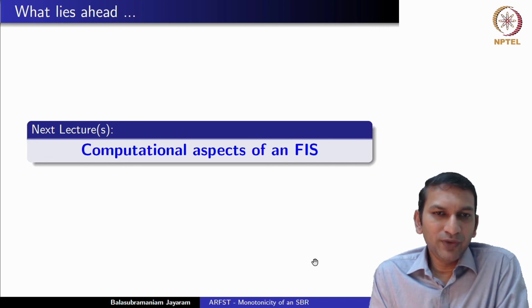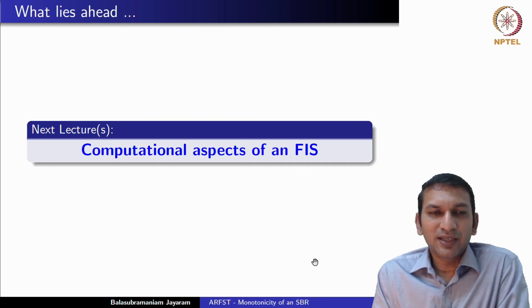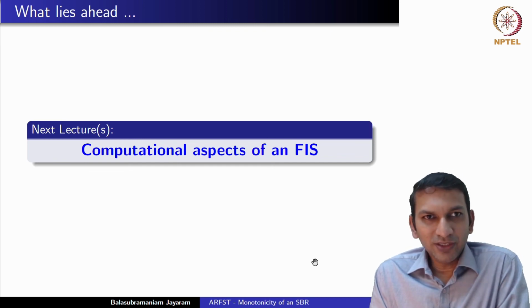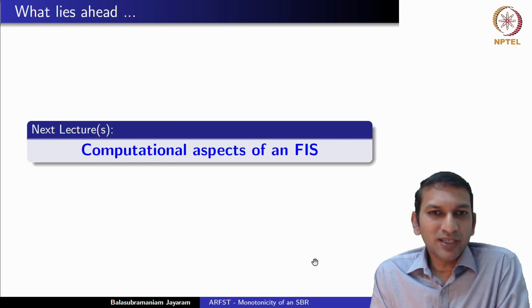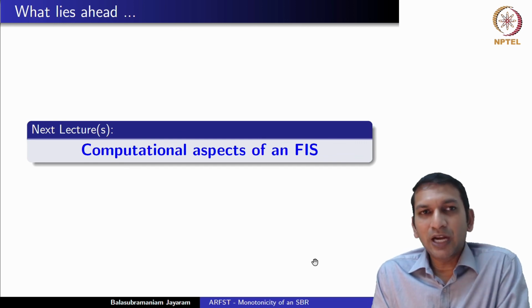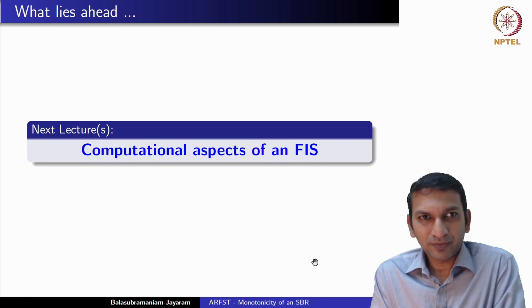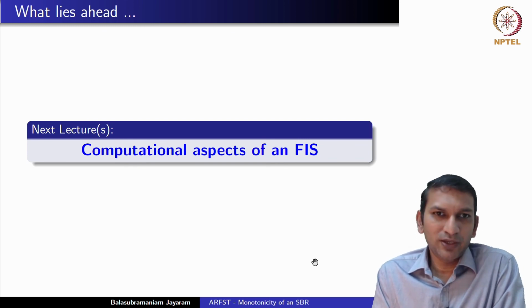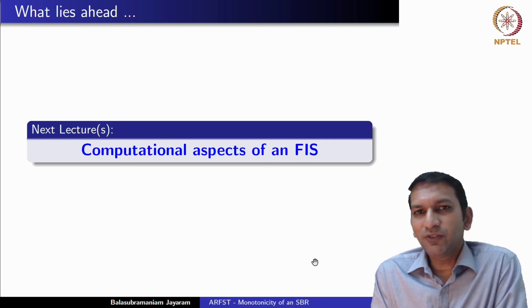In the last few weeks, we have looked at using these properties towards justifying the correctness of the inference system that we are considering. But in the next week of lectures, we will look at these functional equations and functional inequalities, for which classes they are available outside of this class of R-implications. Some of them we will discuss, and also their impact on the computational aspects of fuzzy inference systems. So this is what we will take up in the set of lectures in the next week, the last week of this lecture series. We will discuss the computational aspects of fuzzy inference systems.